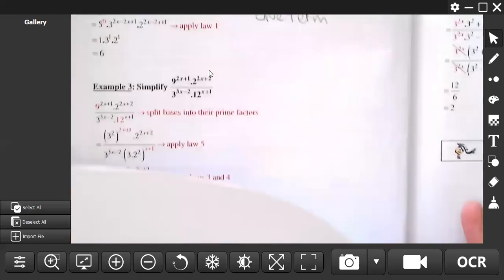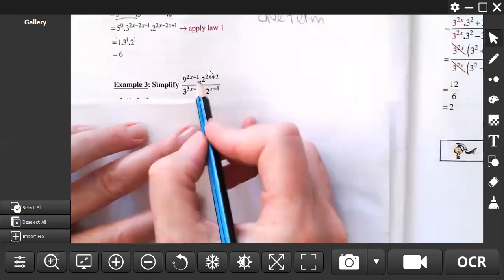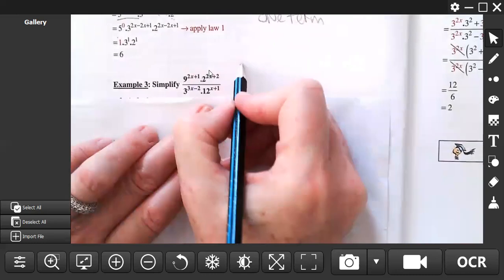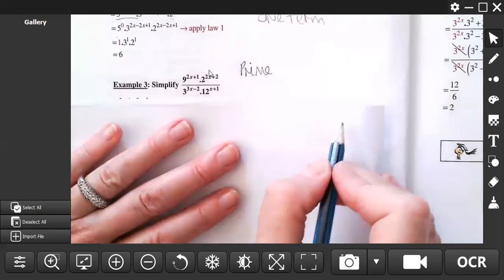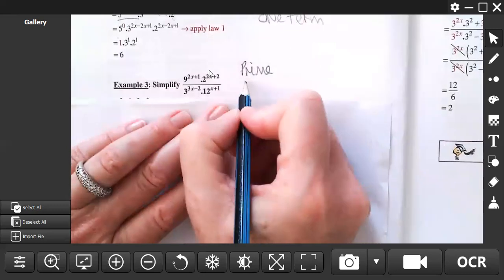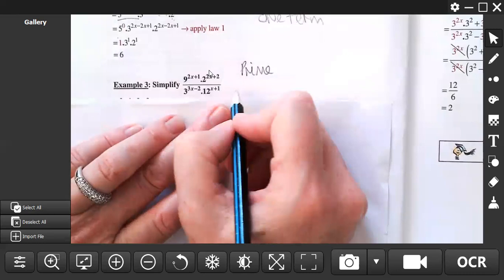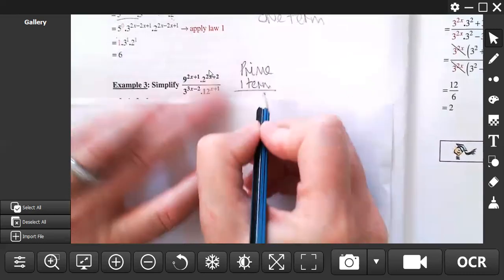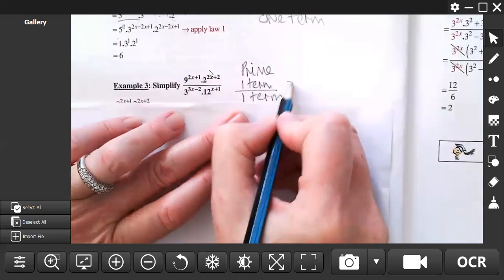The next example is: firstly we are going to say prime factors, and then we are going to ask how many terms are there in the numerator. If there's one term and one term in the denominator, is that true?